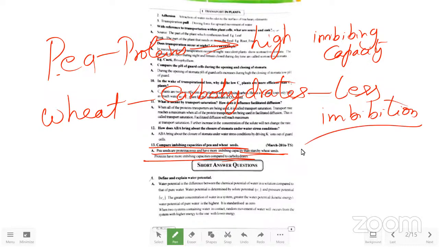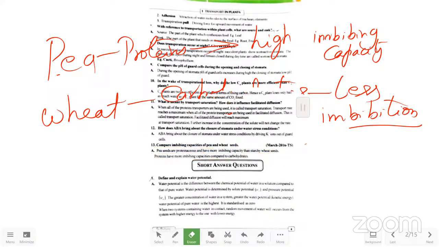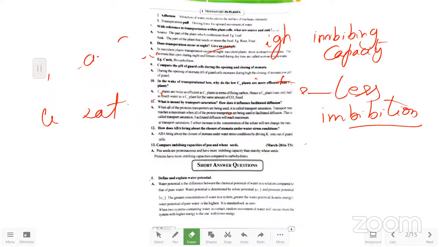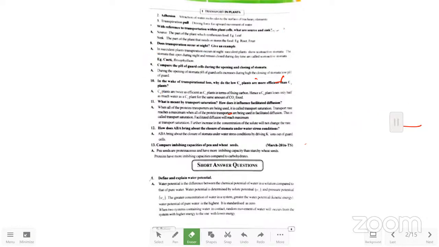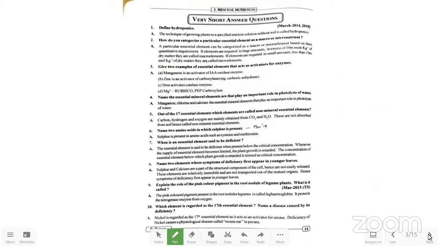Now comes the next one. Next chapter, that is mineral nutrition. In this mineral nutrition, we have to learn only a few VSQs, not all. Define hydroponics.